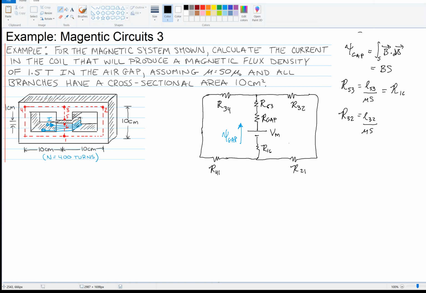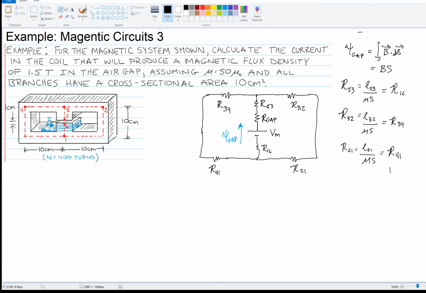So we have all of those numbers, and then I'll point out that due to symmetry, that's also equal to reluctance 3/4. Okay, and then similarly, reluctance 2/1 is the length of 2/1, which we have, divided by mu S. Okay, and then I'll point out that that's also equal to reluctance 4/1 due to symmetry.